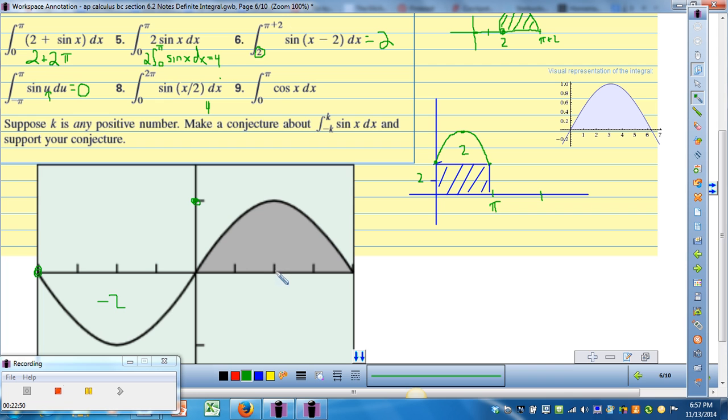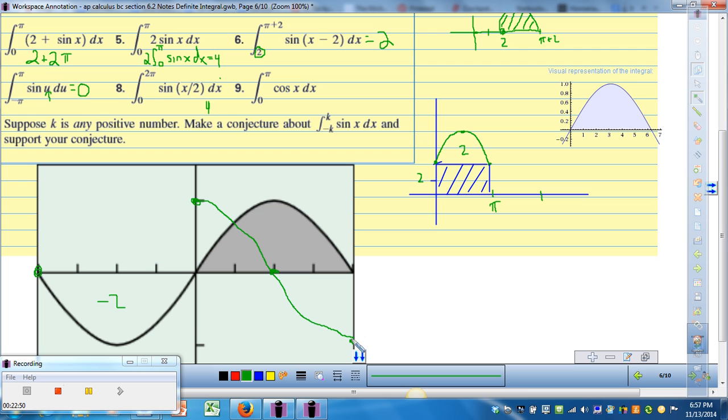At pi halves, it is at 0. And at pi, it is down at -1, like this. So it looks something, again without my shaky hand, something like that.